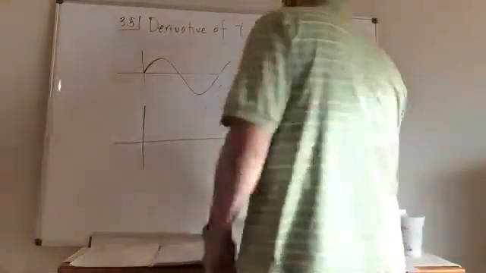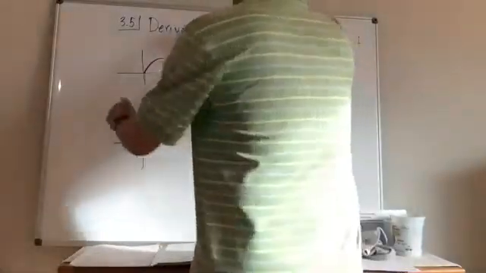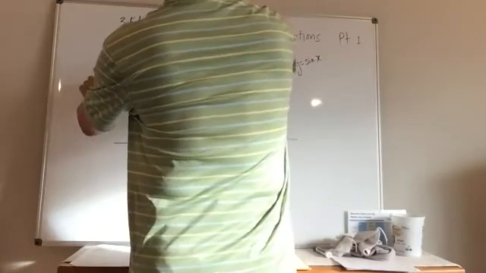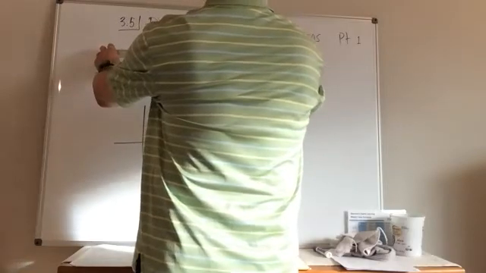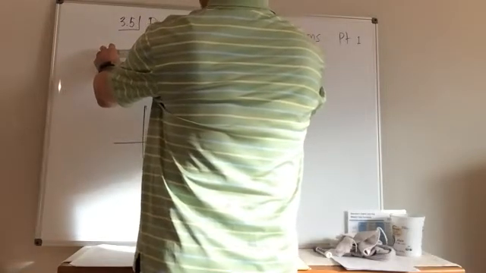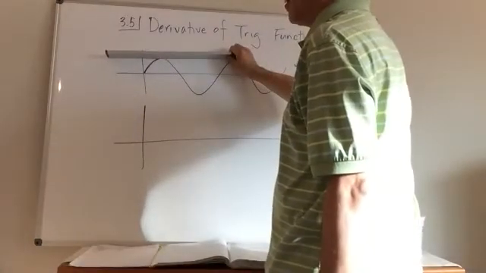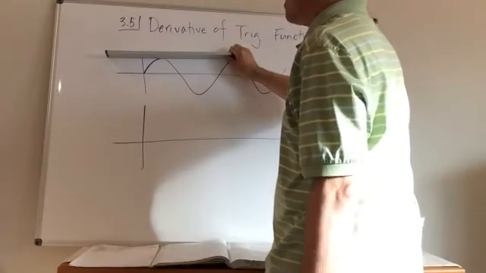The derivative of this is nothing more than the slope of the tangent line. So the tangent line starts at a number, and it goes like this. And then as it comes here, what is the slope of the tangent line here? 0, right?